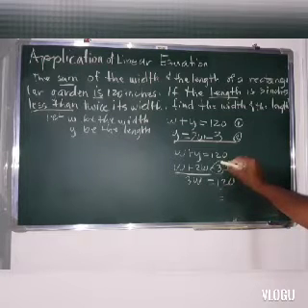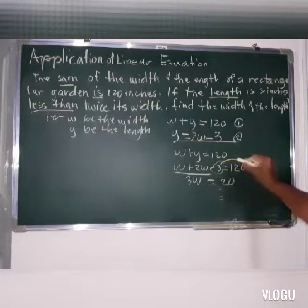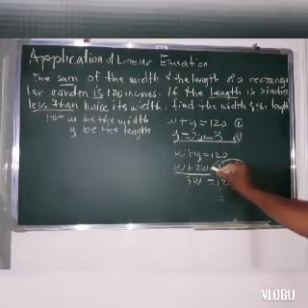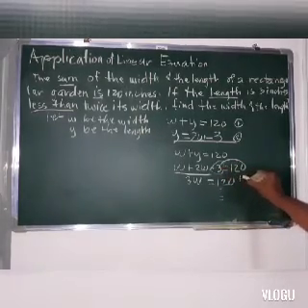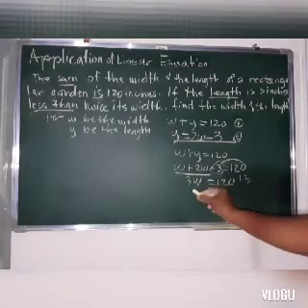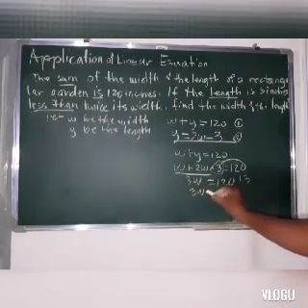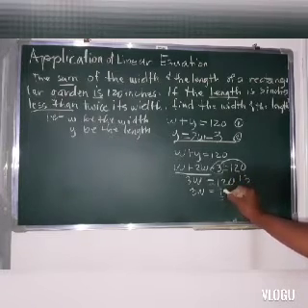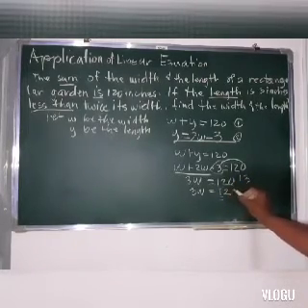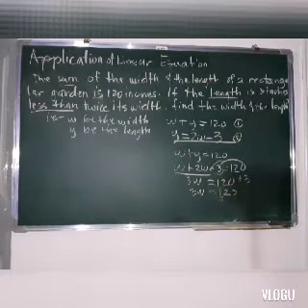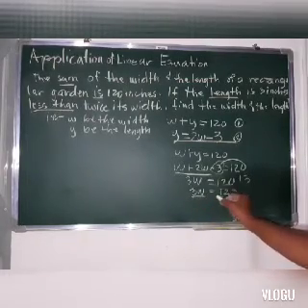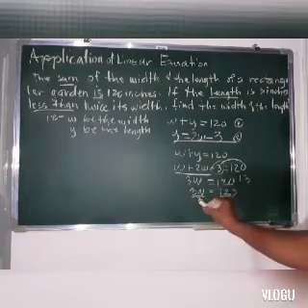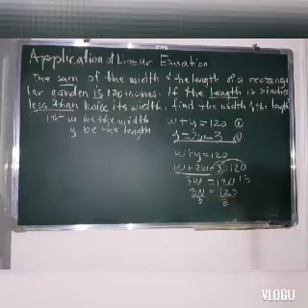So, si negative 3, transpose natin siya over equal sign. Si negative 3 magiging positive 3. Okay, next. So, 3W is equal to 120 plus 3 is 123. Okay. What's next? We have now 3 and 3.